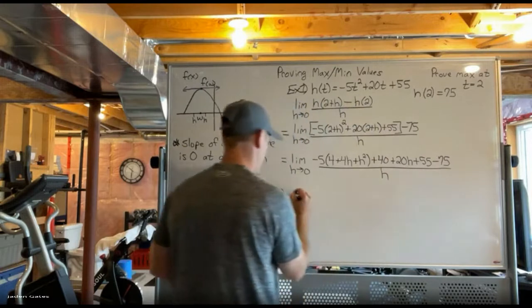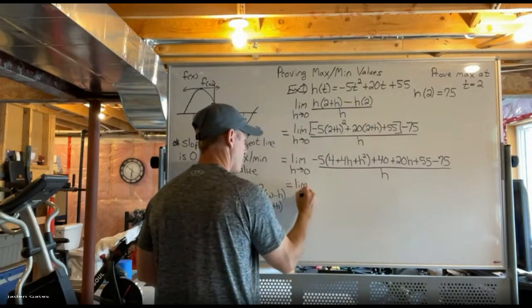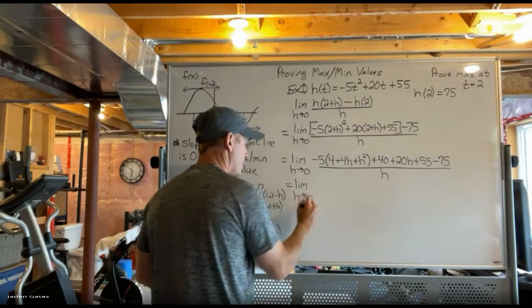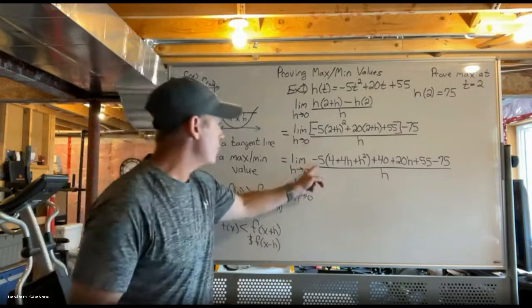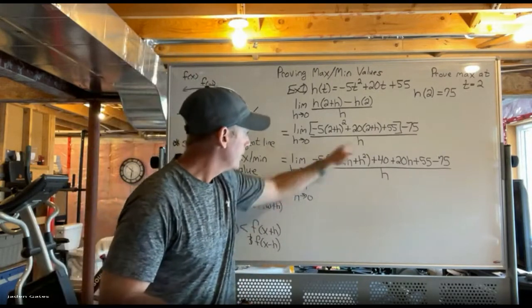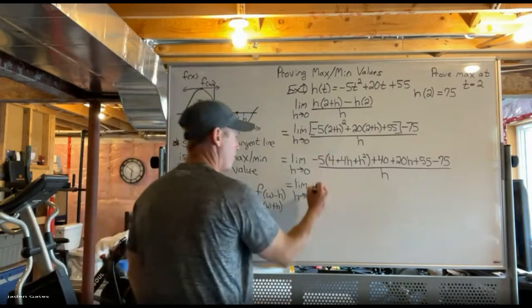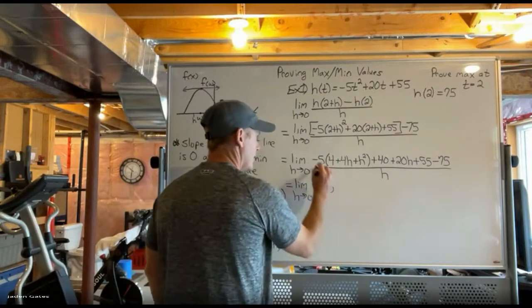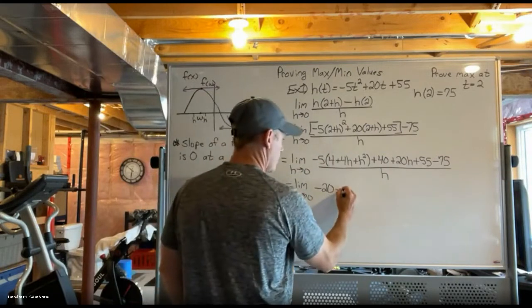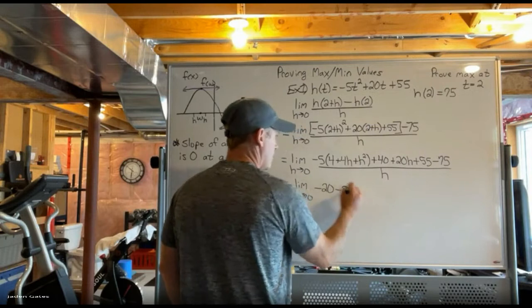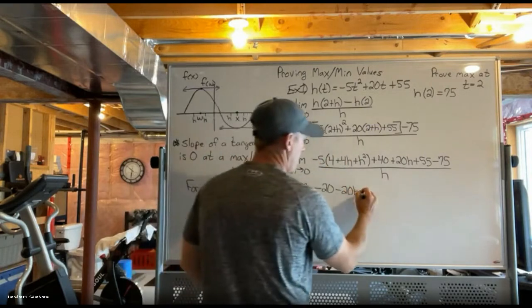As h approaches 0, I still have to do my rainbow rule here. Minus 5 times 4 is minus 20. Minus 5 times 4h is minus 20h. Then I've got a minus 5 times h squared, minus 5h squared.